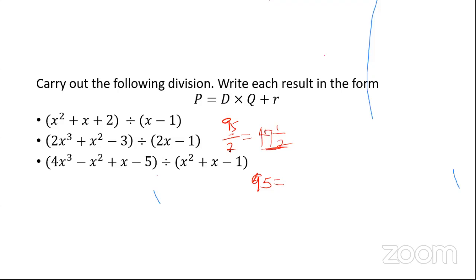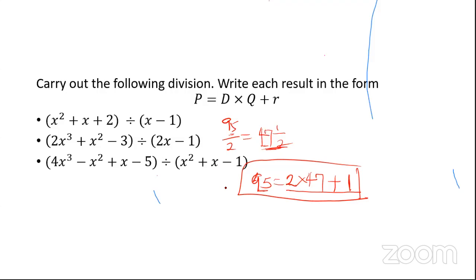What's the divisor here? 2. 2 times quotient. The quotient is 47. 2 times 47 plus the remainder, plus 1. So 95 is the same thing as 2 times 47 plus 1. As 2 times 47 will give us 94 plus 1, it will give us 95. So this is the way they want you to express it.